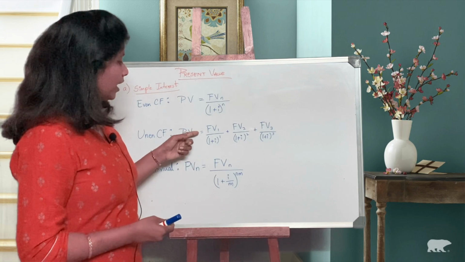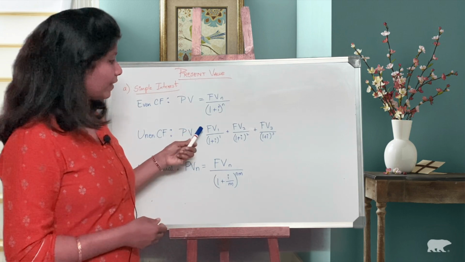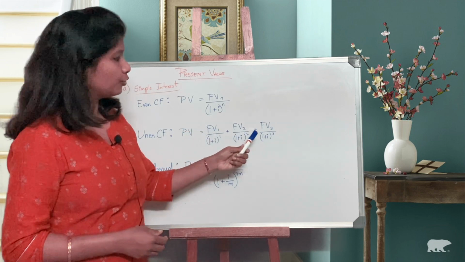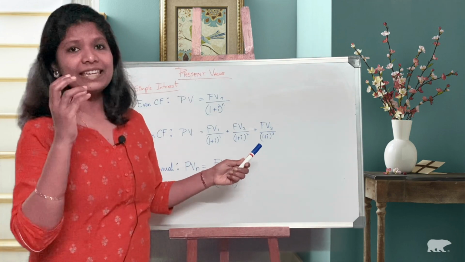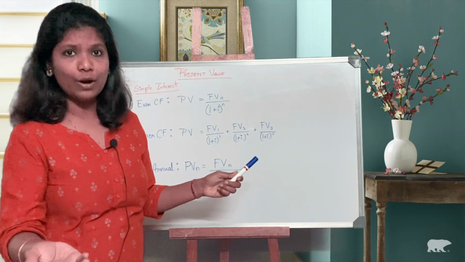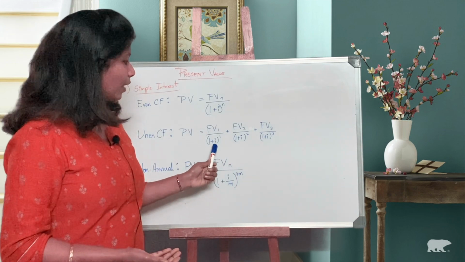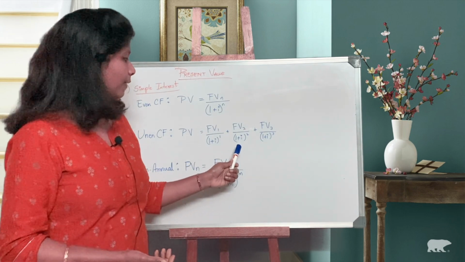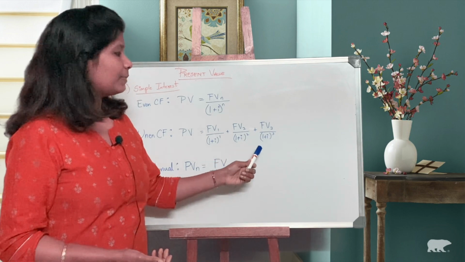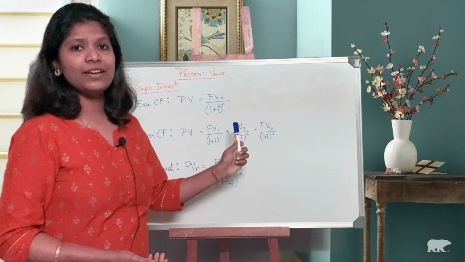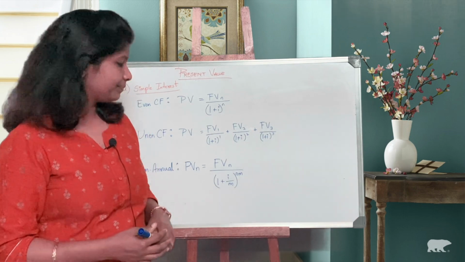Present value equals future value, and here you can see 1, 2, 3, signifying each year's different cash amount divided by 1 plus I to the power of 1, 1 plus I to the power of 2, 1 plus I to the power of 3, the respective interest rates charged.